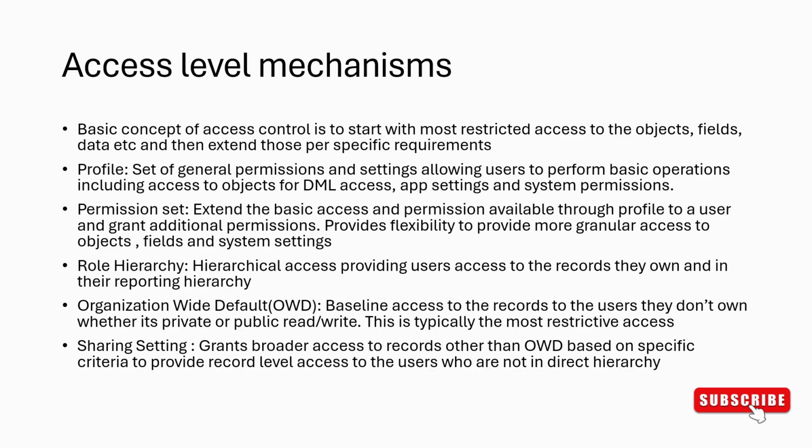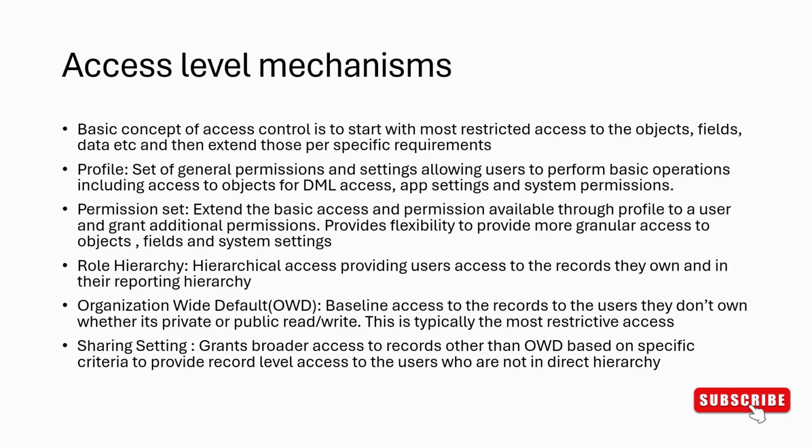Then last comes sharing setting. When we define a restricted access at the object level via organization-wide default, for example, opportunity we defined as private, as in somebody who has created the record, only he can view it, nobody else can view it.